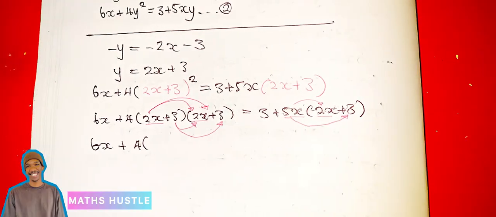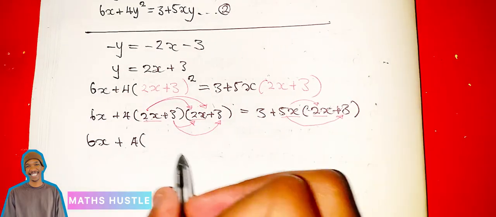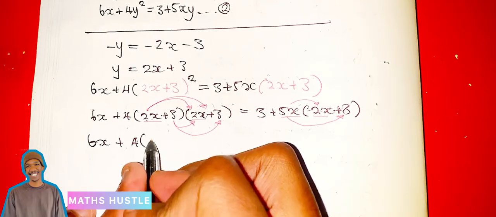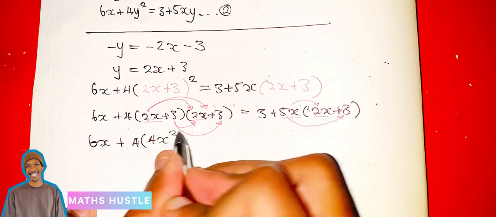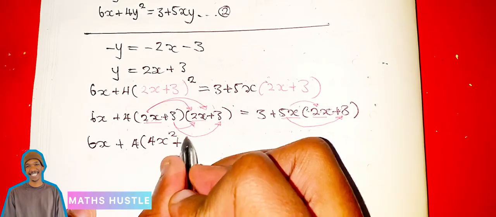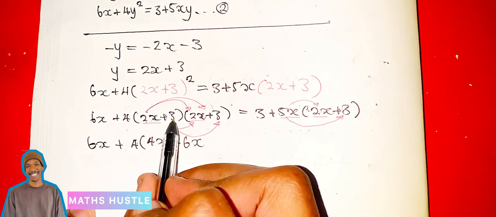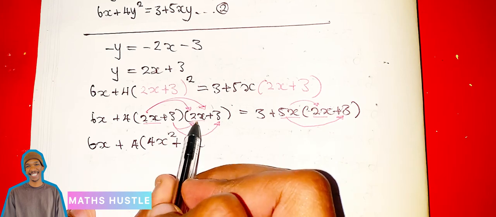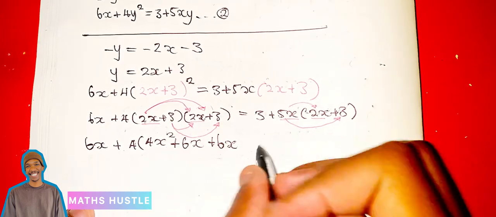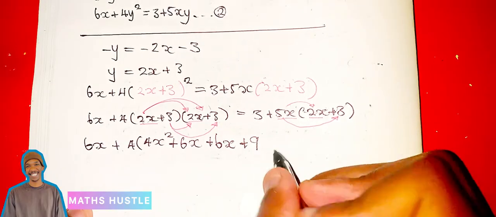See? Very easy. So what you get here is 2x multiplied by 2x is 4x squared. 2x multiplied by 3, 6x. Positive 3 multiplied by 2x is positive 6x. 3 multiplied by 3 is 9.